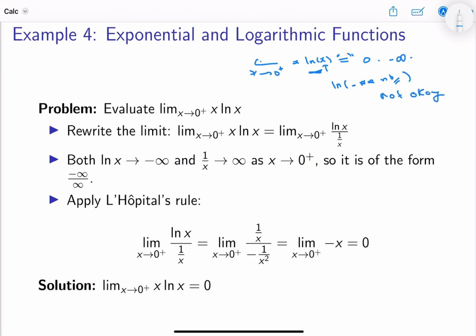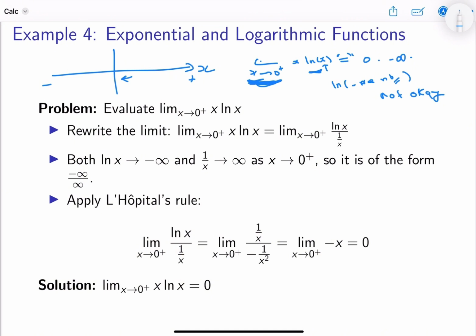So this justifies why we're approaching 0 from the right in this case. So we want to send x to 0 but from the positive side. If this is the x-axis, we want to send x to 0 from this side, right? So this is the positive part and this is the negative part.